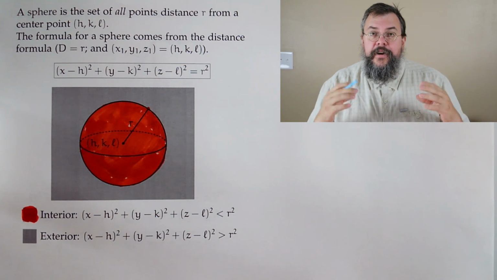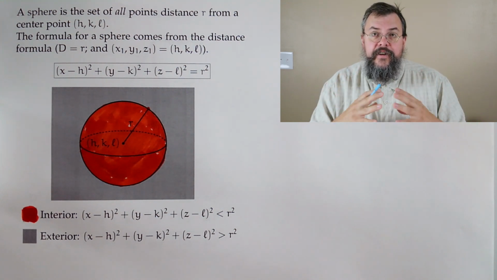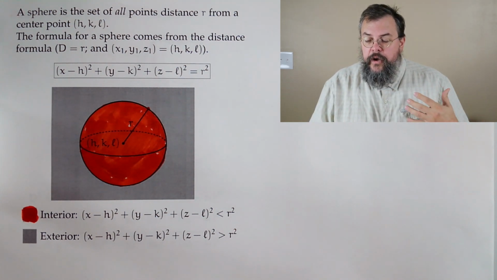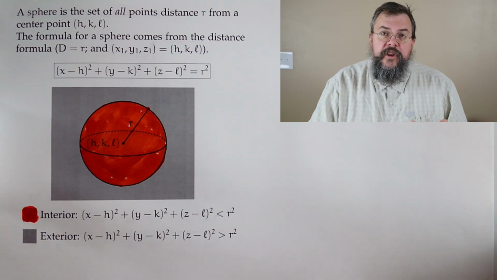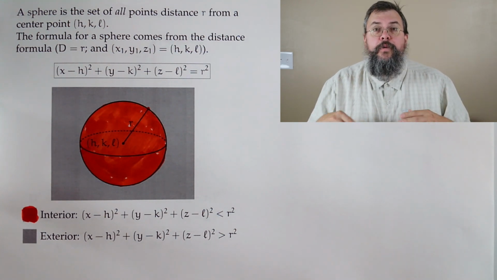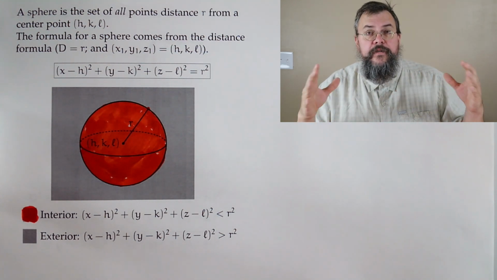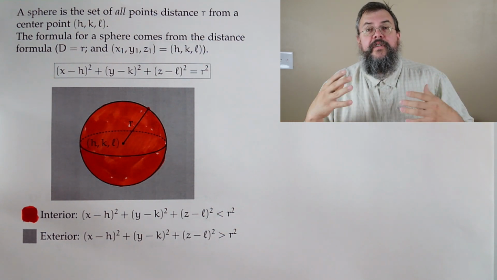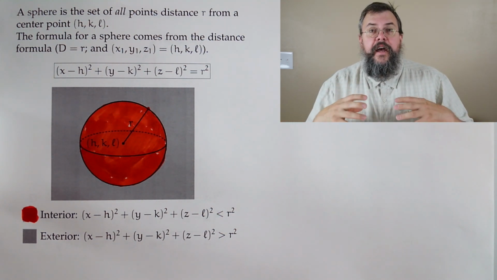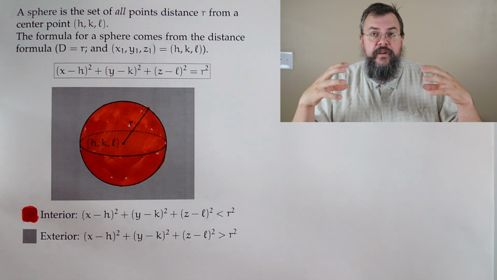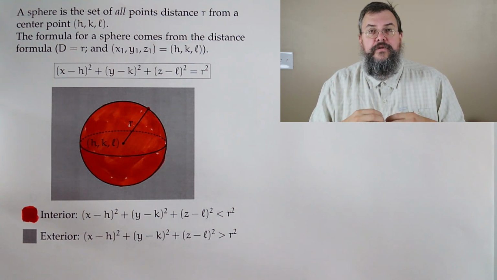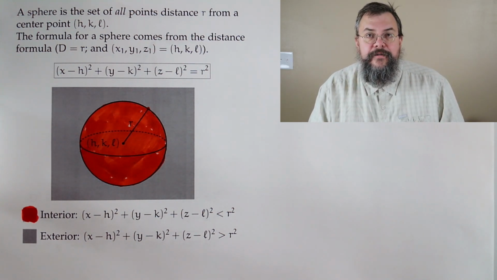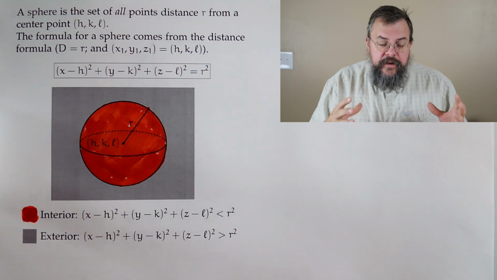That's how we can recognize things like interior versus exterior. Oftentimes, when you see equality, we tend to be describing the surface of something. When we start to see inequalities, we're describing a solid of some sort, a shape in space. So that's the idea of spheres.